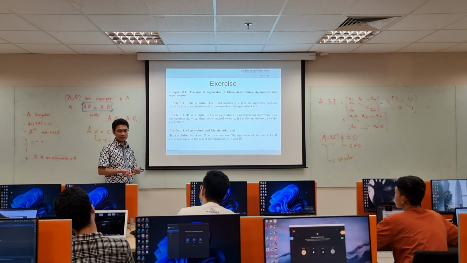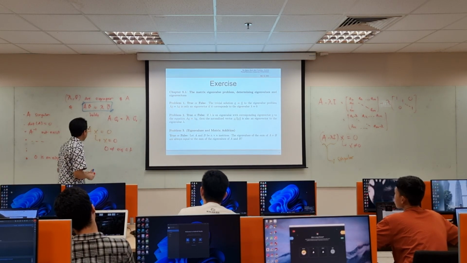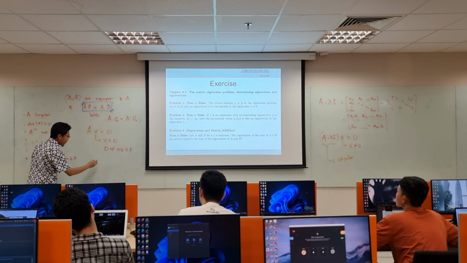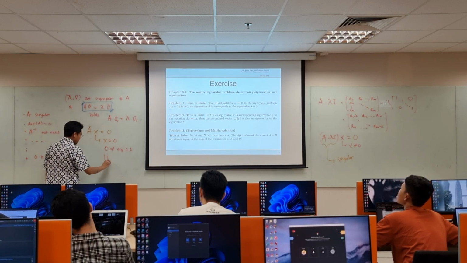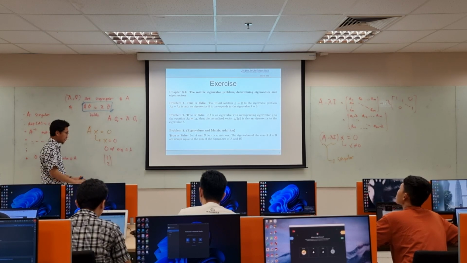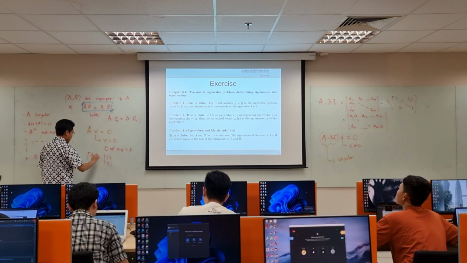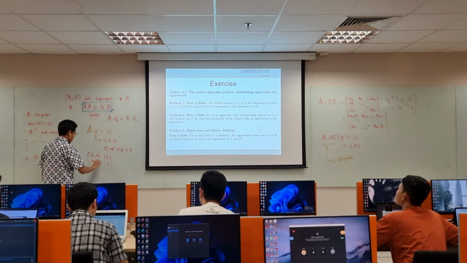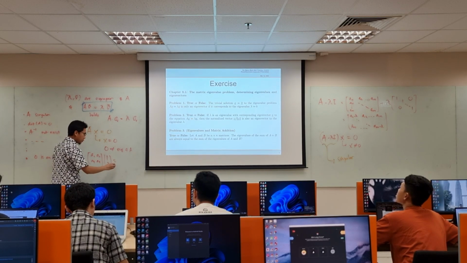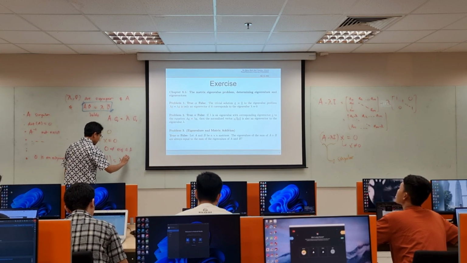If we have an eigenvector of 1 and 2, and we have A times (1, 2) equal to lambda times (1, 2).